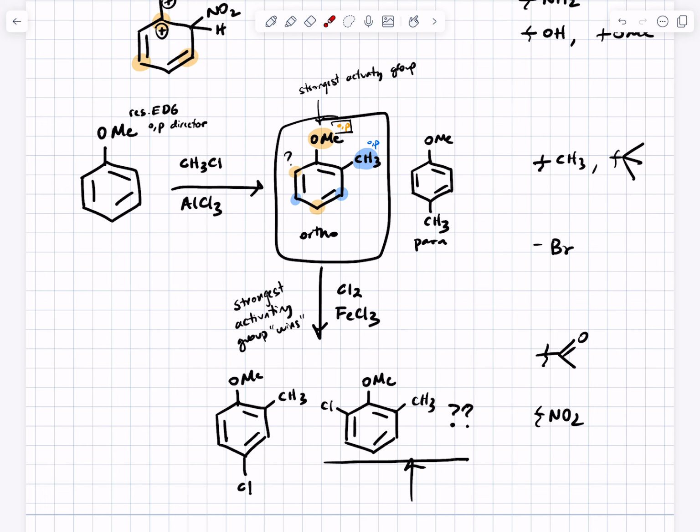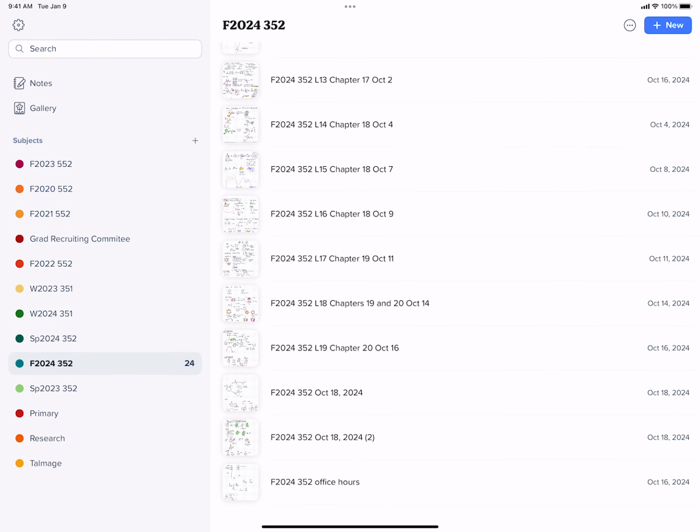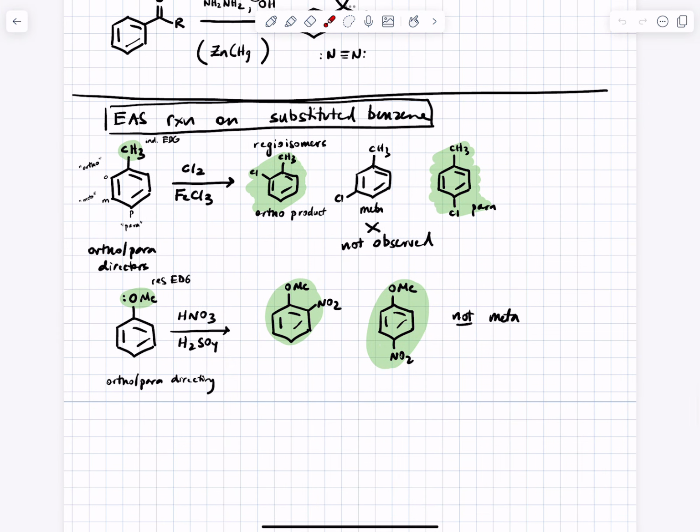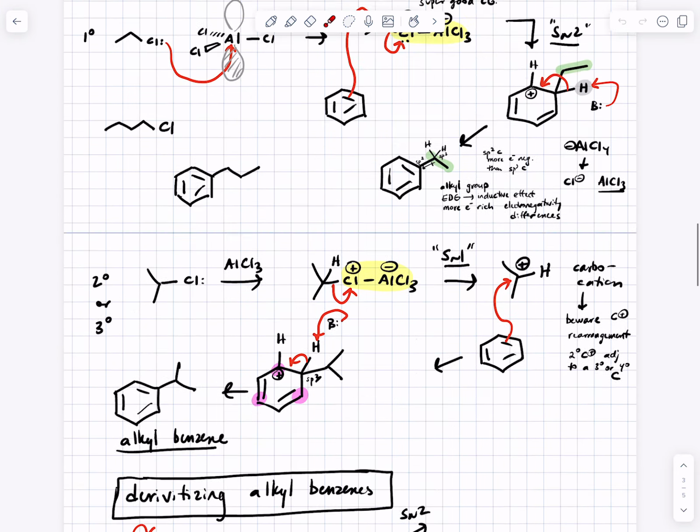All right, what else? Yes? Can you explain why CH3 is electron donating when there's no lone pair? Right, how is CH3 electron donating? So it's an inductive effect.